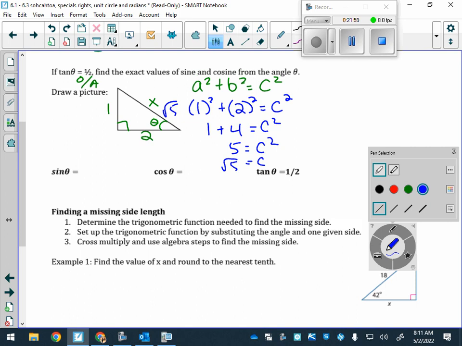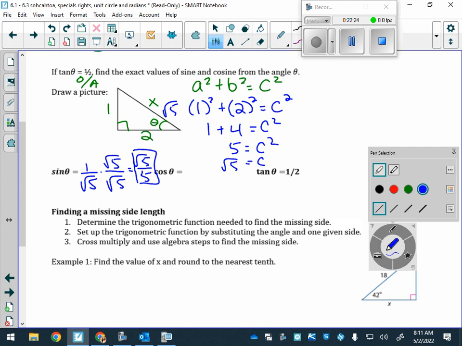How many of you did get the square root of 5? Good. Awesome. All right. What is the sine of theta? Ella. Excellent. You have 1 over root 5. Multiply top and bottom. Square root of 5 over 5.